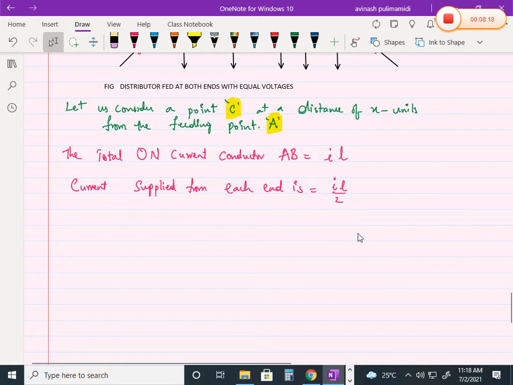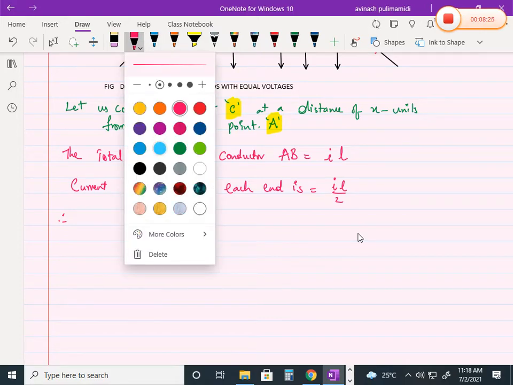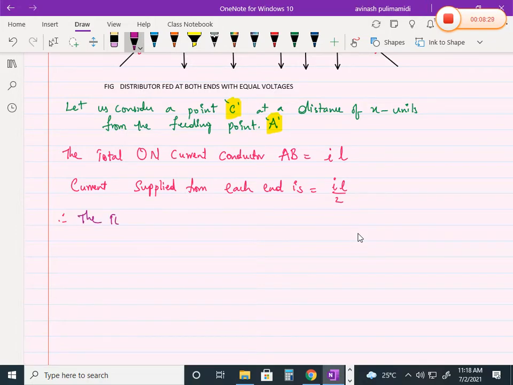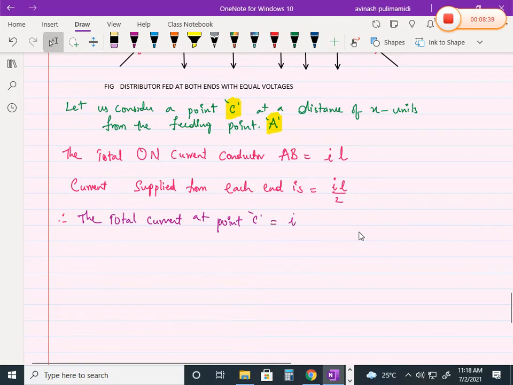Now the total current at point C. Therefore, the total current at point C is equal to I into l by 2 minus I into x.